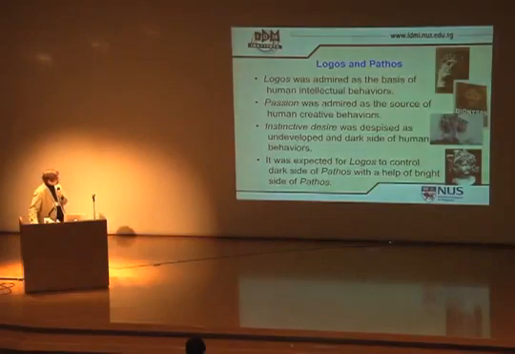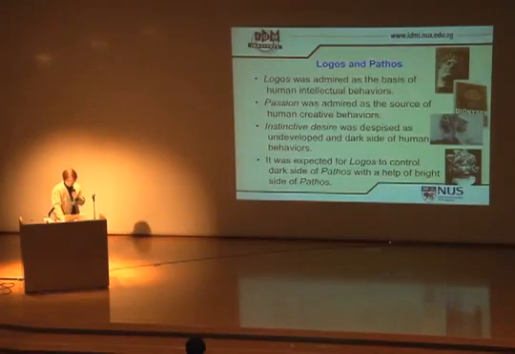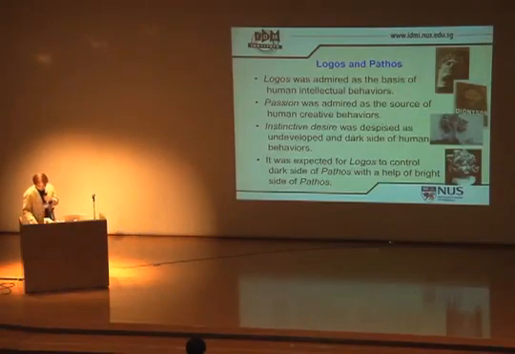The positive is passion. For Japanese people, sensitivity or kansei may be the better word, but this passion was admired as the source of human creativity. But the negative part is desire. Desire is something that needs to be controlled, and this is also said in Buddhism.